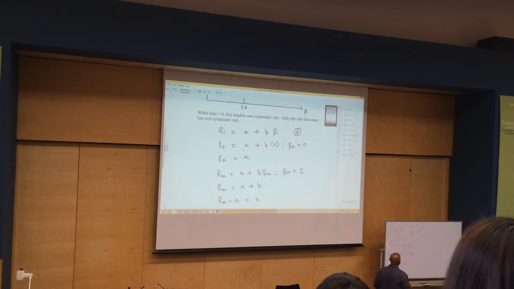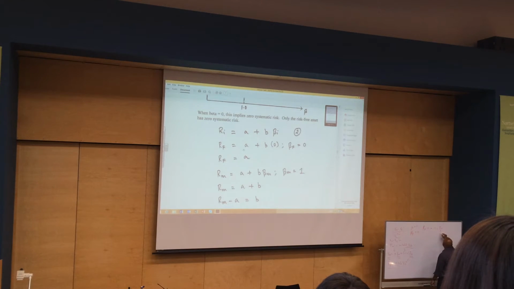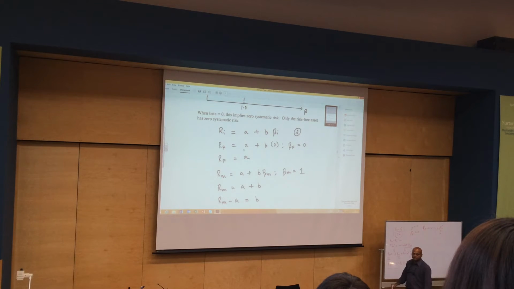So RF, the return of the risk-free asset, is A plus B multiplied by the beta of F, where beta of F is equal to 0. So this goes away up there. So RF is equal to A.